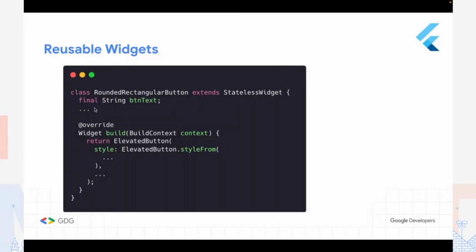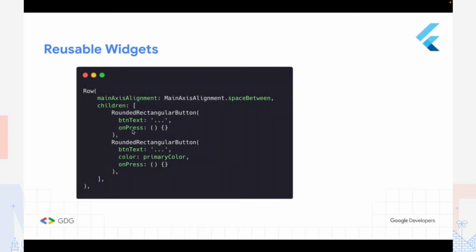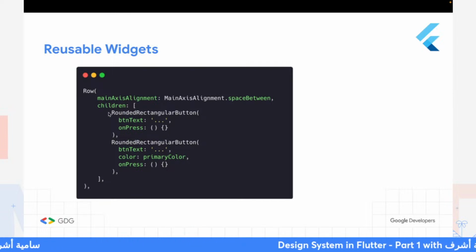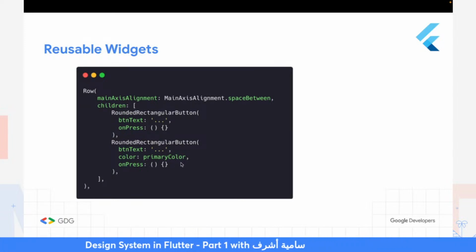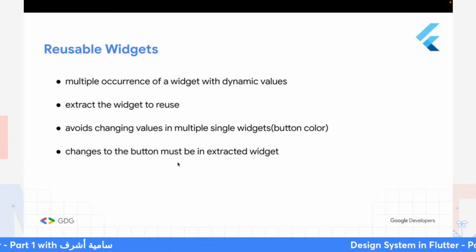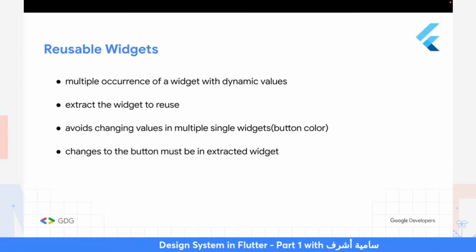Since I have not specified color, it is just going to take the default color value, which is, let's say, primary color or Colors.black. If a color is not specified, it's going to set the default value to Colors.black. So the first button will have Colors.black, and the second button is going to have the primary color. So yeah, the changes to the button must always be done in the extracted widget and not the reused widget.